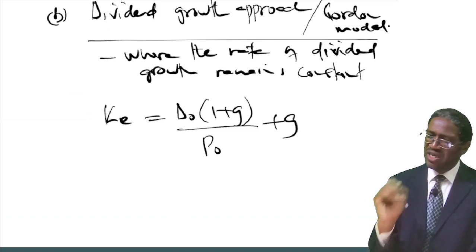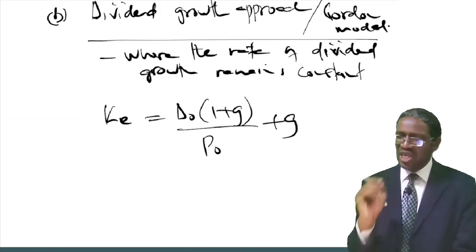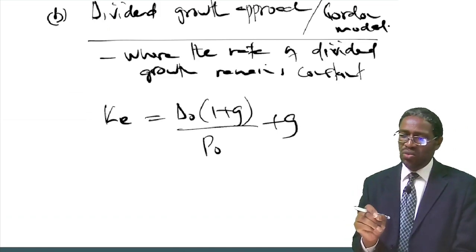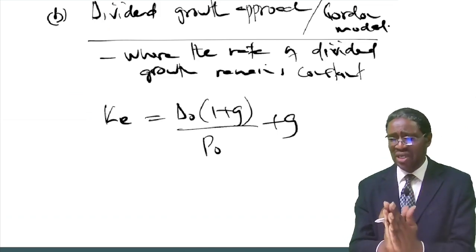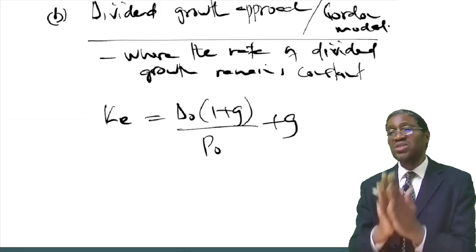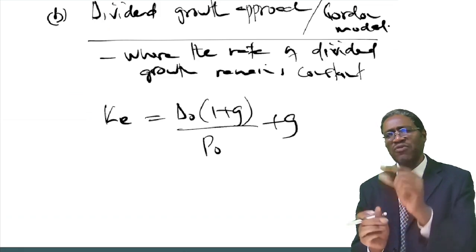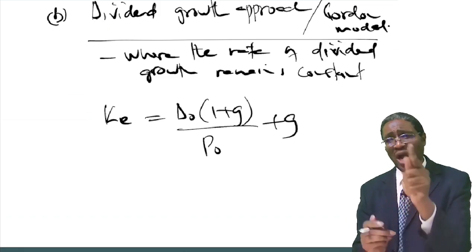D0 there represents what you have paid in the past, like the latest dividend that was paid last year. You multiply that by (1 plus g).